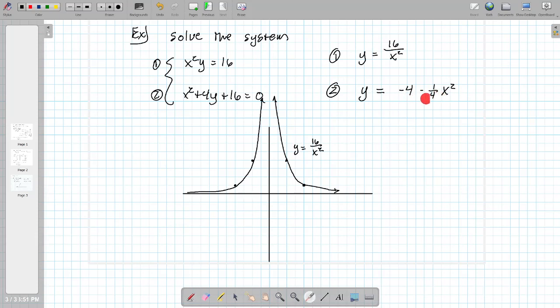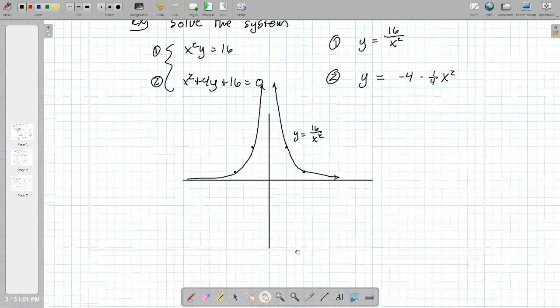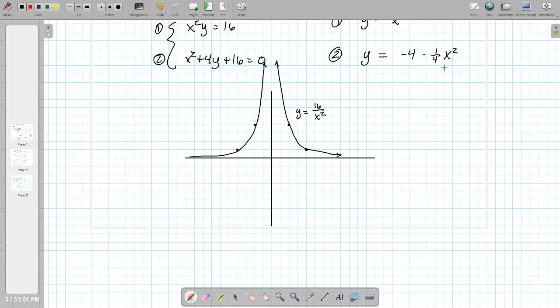Now let's graph this one. This one you should recognize a little bit more. This is just a parabola opening downward and has a negative 4 y-intercept. Let's graph this one. If x is 0, we have a negative 4. 1, 2, 3, 4. As you can see, if we're opening downward, we're not going to intersect any points. But let's go ahead and graph it anyway. If x is equal to 2, we would have negative 4 minus 1, negative 5.